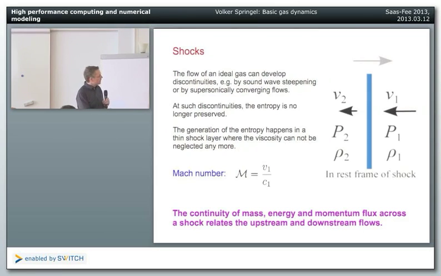In the rest frame of the shock, where this is fixed, the gas comes in and streams out on the other side. And this is like a big decelerator, the shock. The shock is like a brake. It brakes the fluid from its dangerous supersonic speed to a more accommodating subsonic speed. That's the big brake.